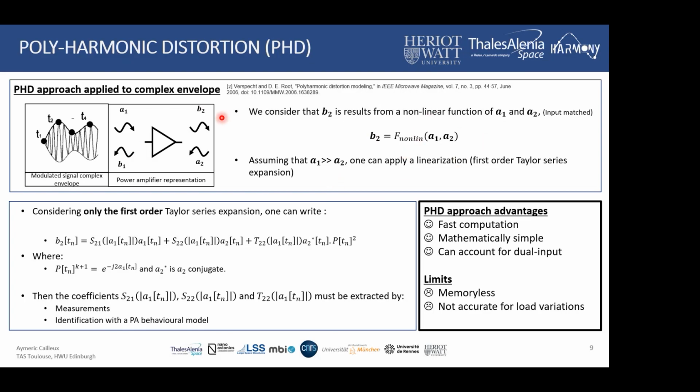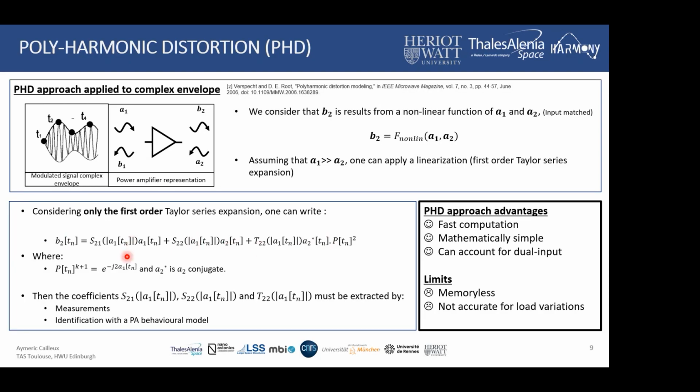Then, assuming that the input power is higher than the power from the mutual coupling that is explained by the power amplifier, we can use what is called a linearization, or in other words, a first-order Taylor series expansion. And so basically, if you take only the first order of your Taylor series expansion, you can write this specific formula where we explain that B2 is supposed to be function of A1, A2, and the complex conjugate of A2.